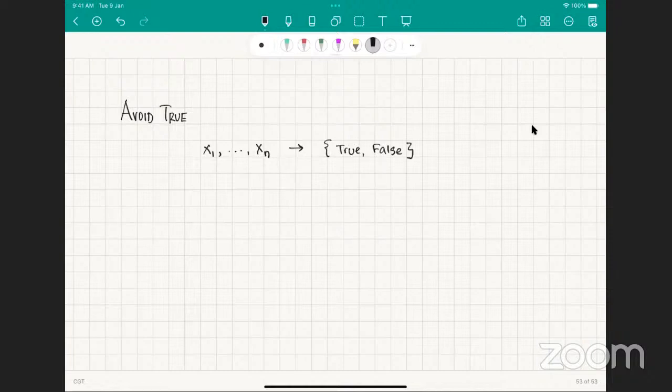And what you're given is that, initially, all of these variables take the value false. Let me draw out an example because that will probably be the easiest way of understanding the rule set.